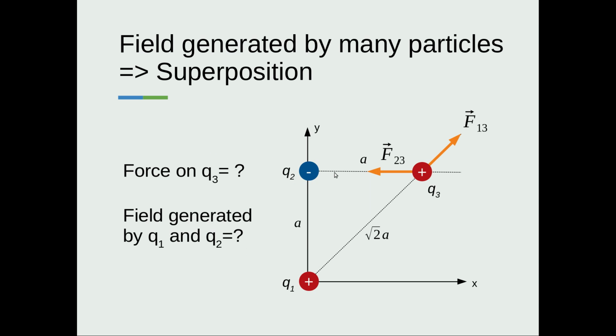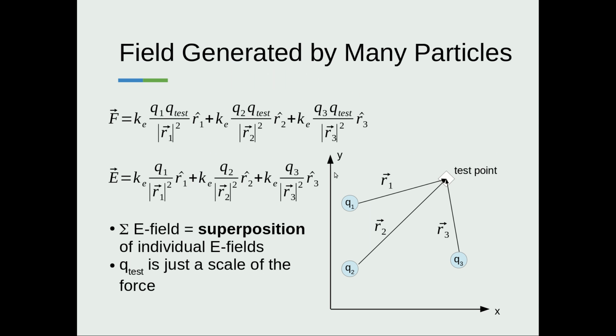And then we are coming to an important thing, but it gets a little bit more tricky. Now we are interested in the electric field generated by many particles. So here are three charges, and actually this is simple, but it's just technically troublesome.